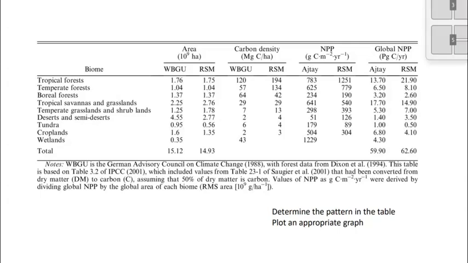This can actually be pasted directly into something like ChatGPT, and you can ask it to analyze the data for you. I have chosen to analyze the biome against the net primary productivity using these two different methods of assessment. For the purpose of making this a simpler discussion, I have removed the data for croplands and wetlands, but it is interesting to incorporate those afterward.